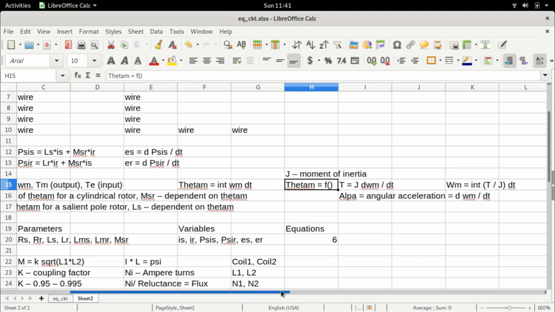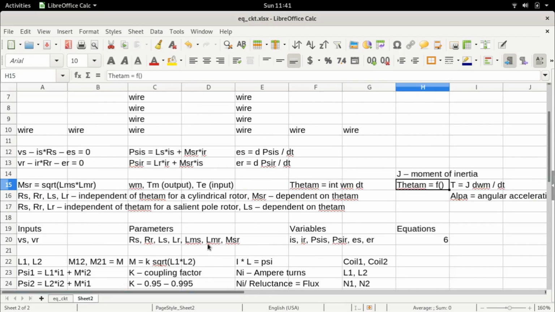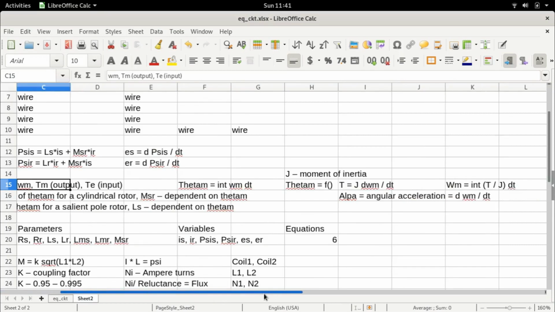Now the question arises, what is this torque? This torque is the difference between two torques, the mechanical torque and the electrical torque. Here I will stop this lecture because it's getting pretty long and I want to dedicate some time to this in the next few lectures. In the next lecture we will talk about what the mechanical torque is, what the electrical torque is, and how this all puts together.